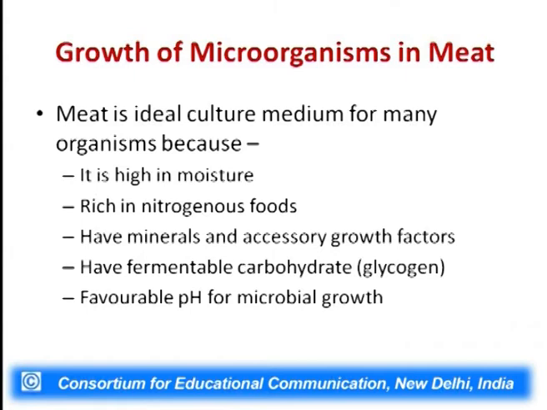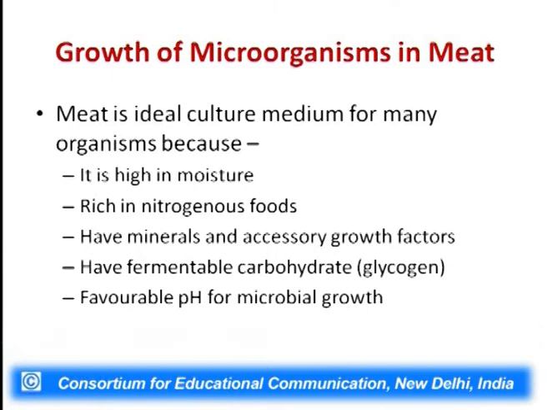Now, microorganisms are able to grow in meat. Meat is an ideal culture medium for microorganisms because it is high in moisture, rich in nitrogenous foods, and has minerals and accessory growth factors for the growth of microorganisms.